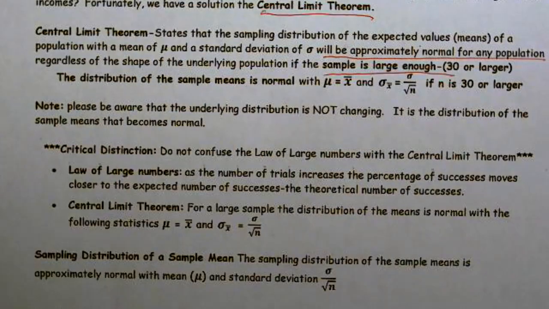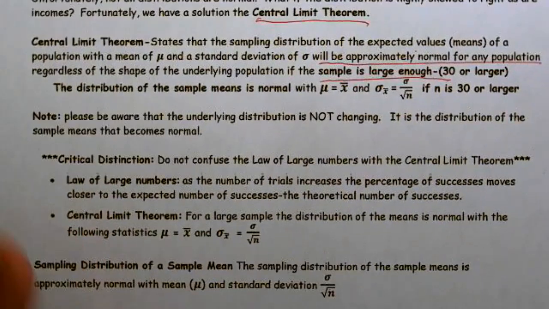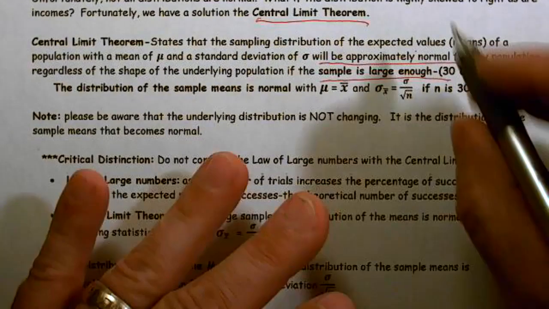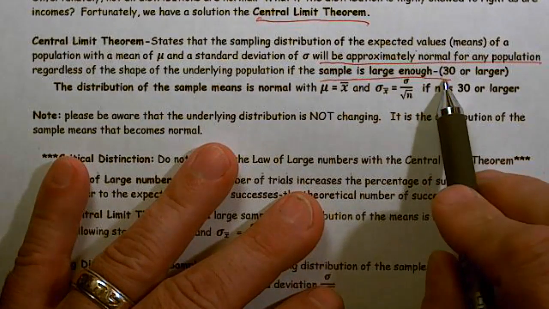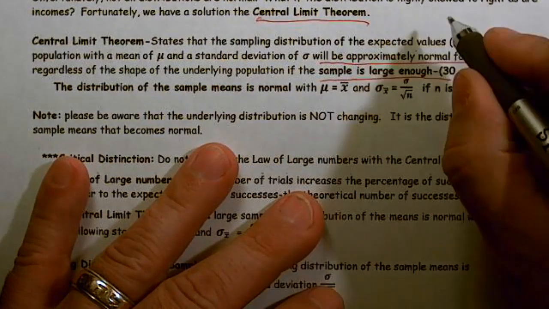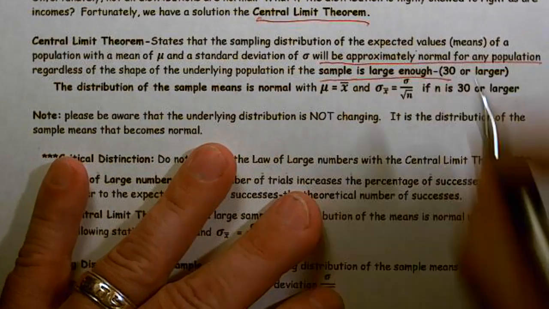So basically, central limit theorem says, you know what? Doesn't matter what the underlying population looks like, it's normal if the sample size is large enough. And when we're working with the distribution of means, we define large enough as being 30 or larger. In other words, greater than or equal to 30, right?